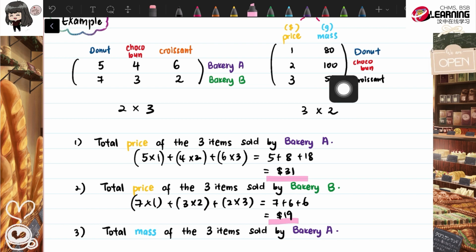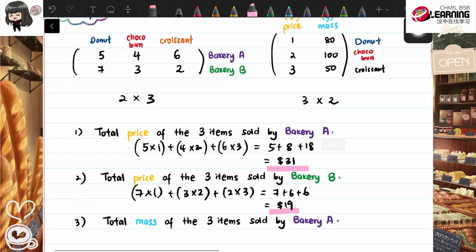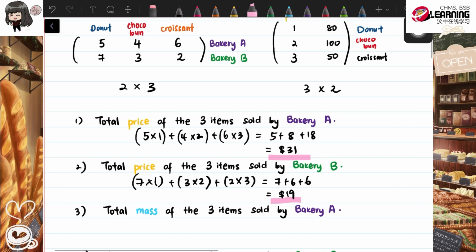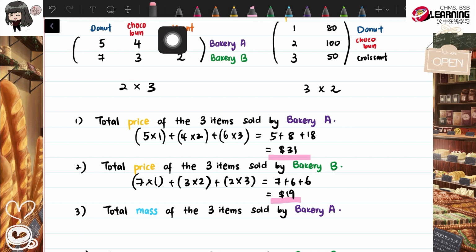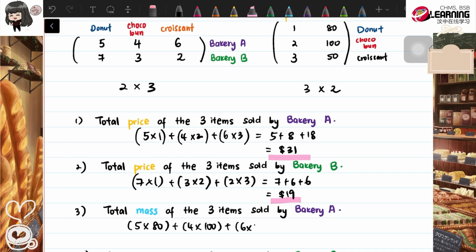So if we want to find the total, we multiply the number of each item by its mass. Same thing here: we multiply the first row with the second column. 5 times 80 gram plus 4 times 100 gram plus 6 times 50 gram.